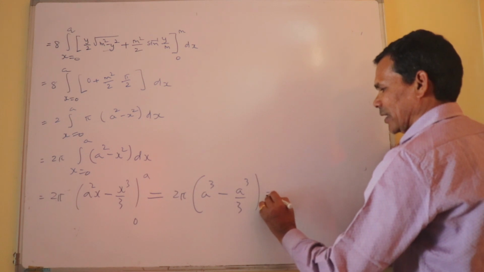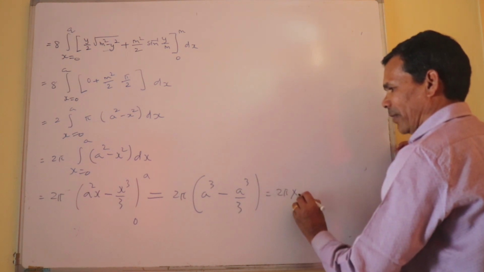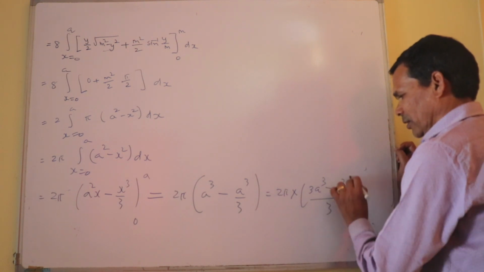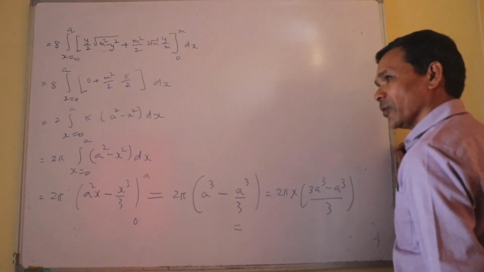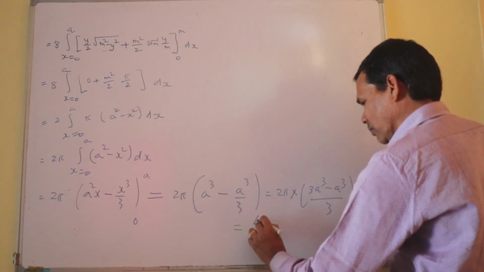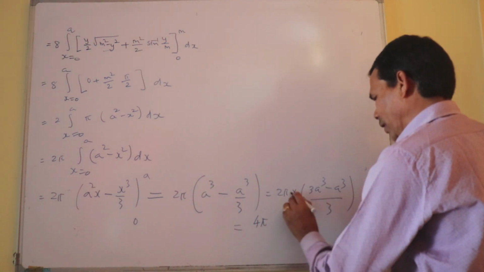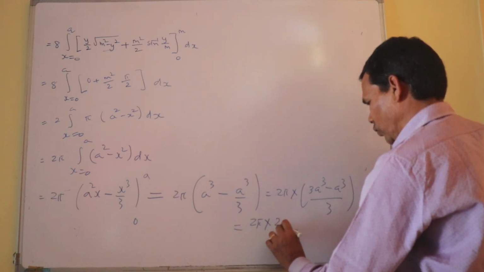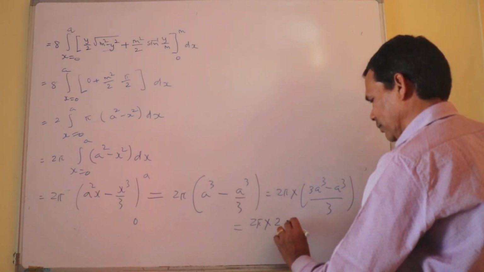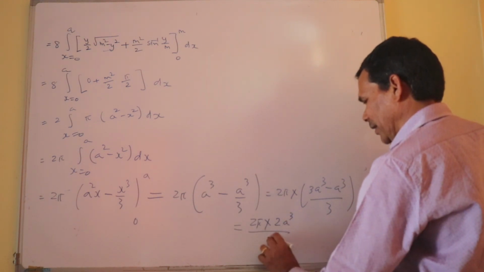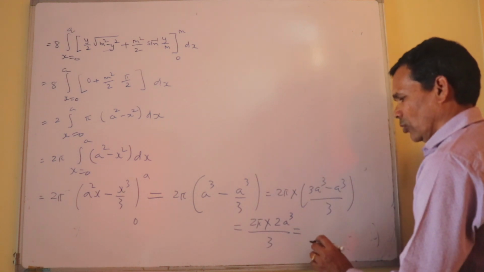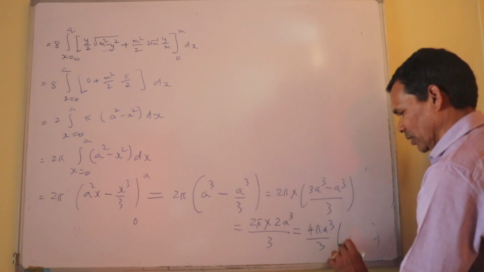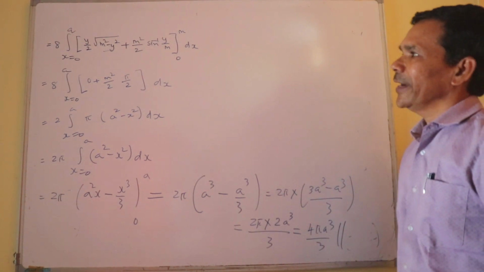So you get 2 times pi multiplied by 3a cube minus a cube divided by 3, which is 2 times pi multiplied by 2 times a cube divided by 3. So this is equal to 4 times pi a cube divided by 3, which is the volume of the sphere of radius a.